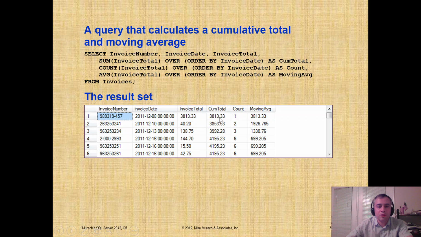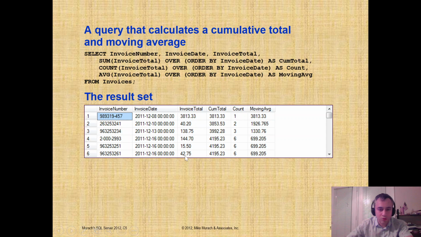And over here, we are gradually accumulating. So the first was the earliest with $3,813 and change, and this is our cumulative total. And the count is 1. The next time, in a couple of days, there is an invoice for $40. It is accumulated and counted, and now we average these 2 previous invoices to get this number.